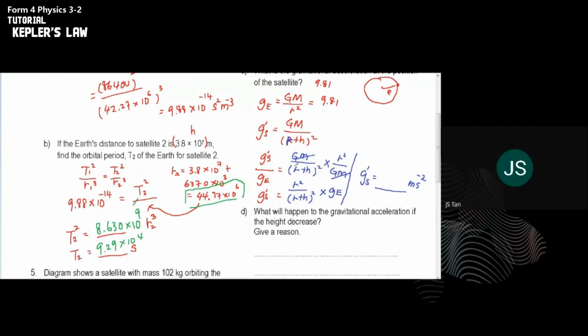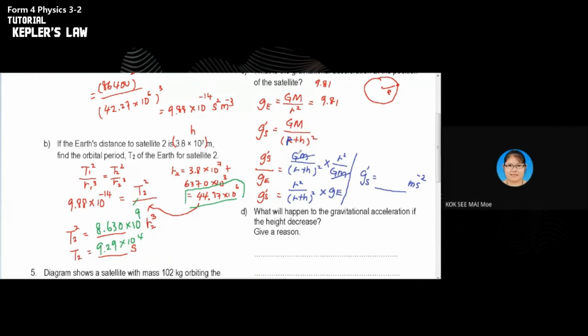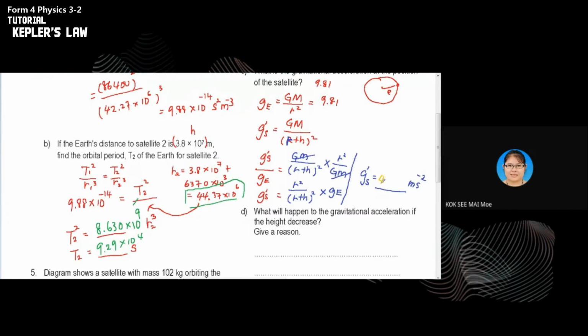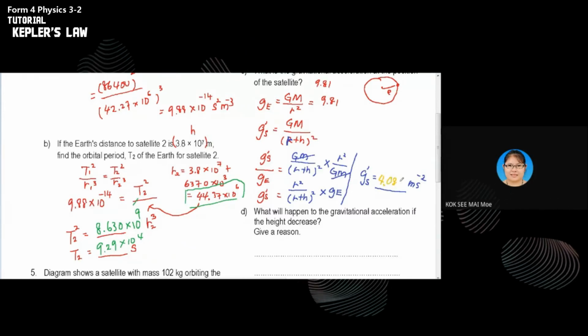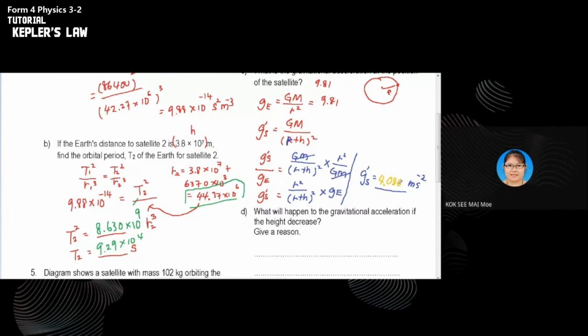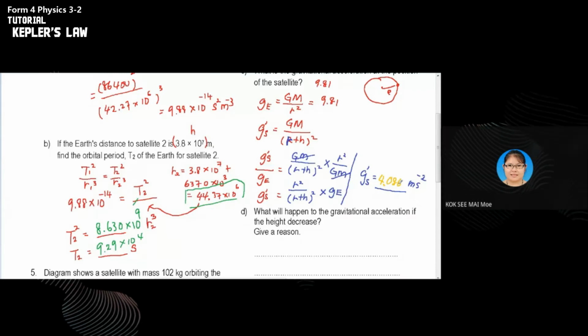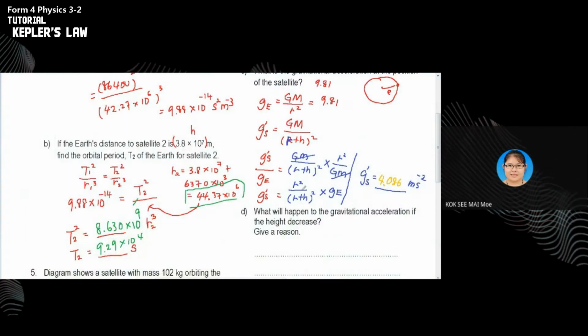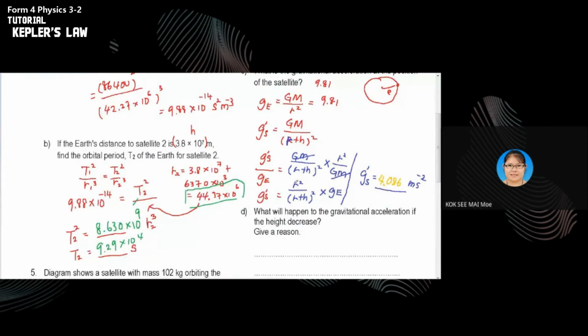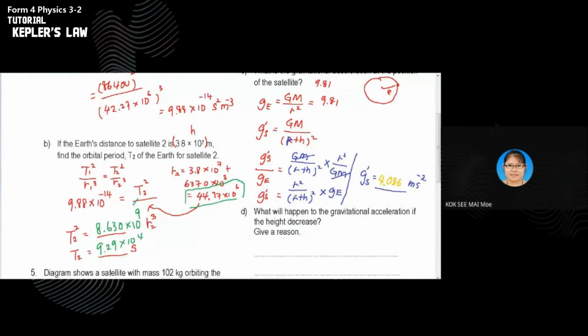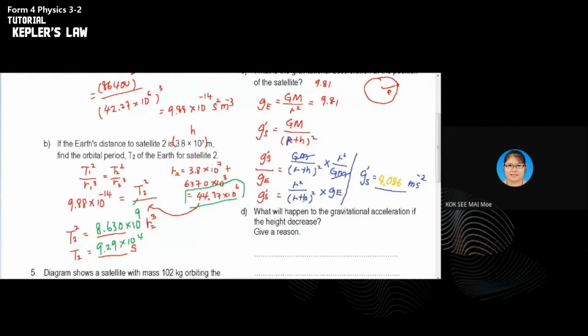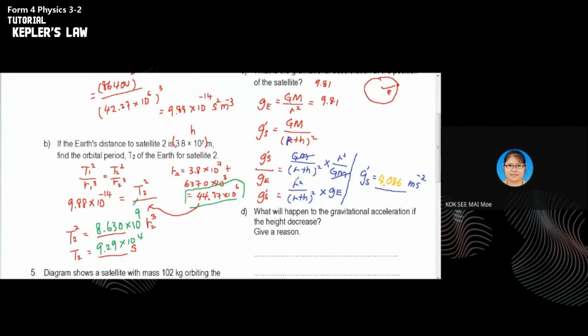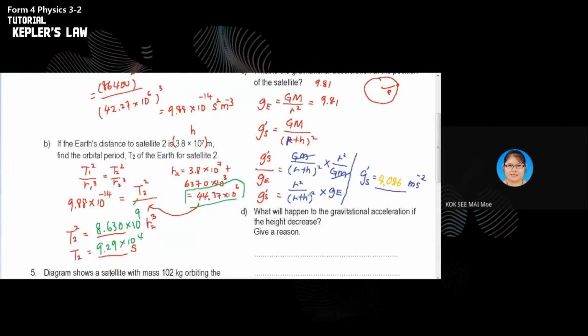Teacher, is it 4.086? Yeah, that's the answer. Because both are squared, we can take r over this whole thing. The r and the h cannot be cut, because this one is a plus. So we just take r, press your calculator first, then divide by this whole thing.